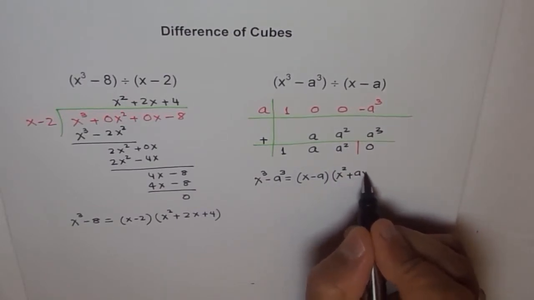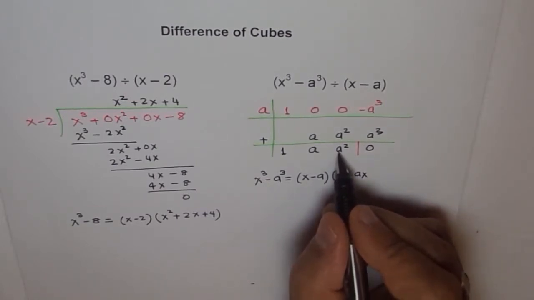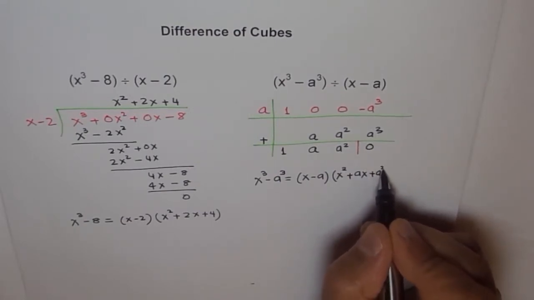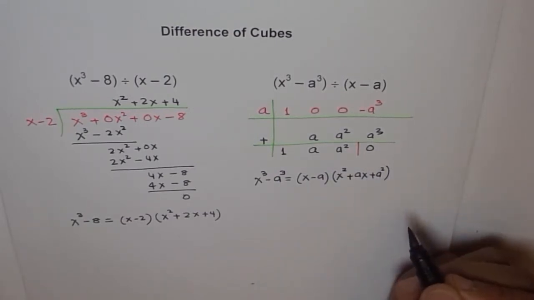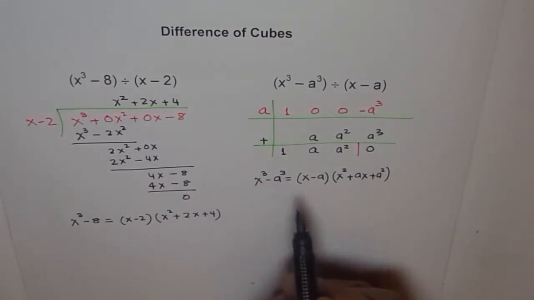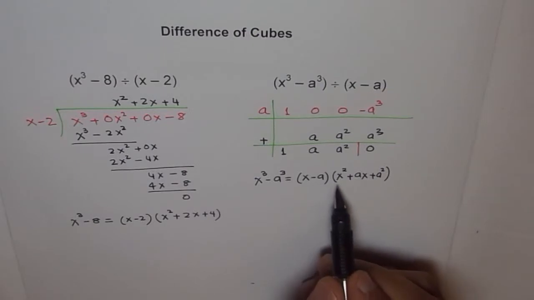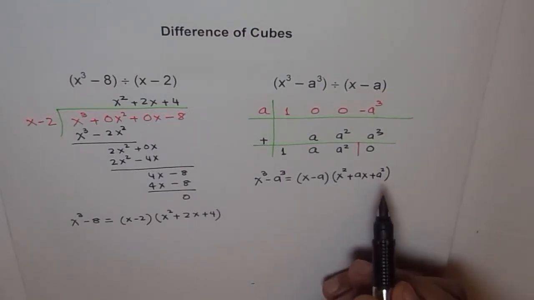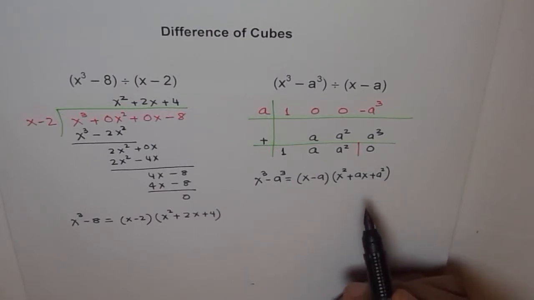Plus ax, and the constant term is plus a squared. And that's what our general formula is. x cubed minus a cubed is x minus a times x squared plus ax plus a squared. Do you see that? That's the general formula for difference of cubes.